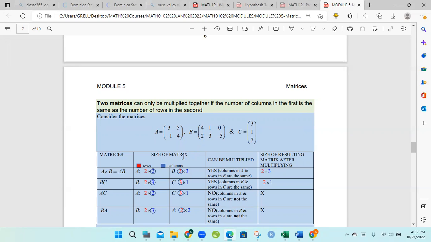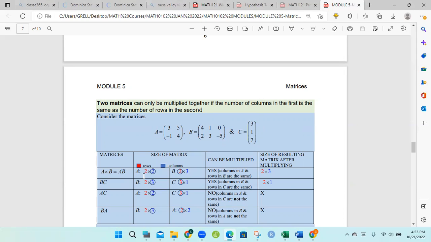Now, another way to see if 2 matrices can be multiplied is by looking at the size. A is a 2 by 2, that means it has 2 rows and 2 columns. And B is a 2 by 3, so it has 2 rows and 3 columns.